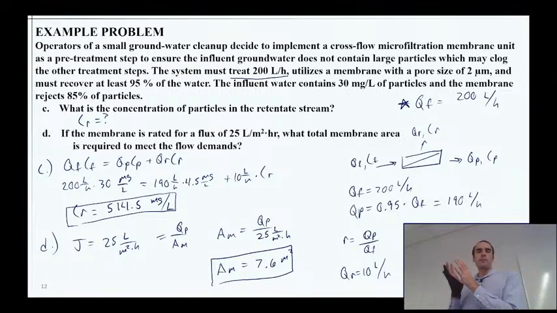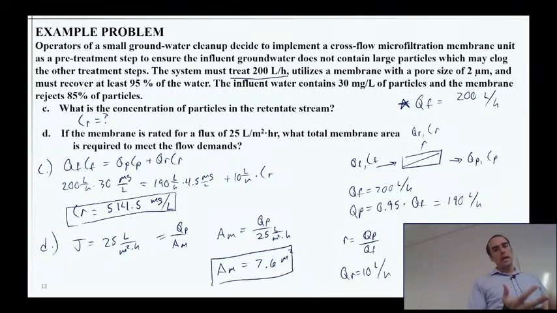Okay, so then at that point, we can make that mass balance: what's going in is equal to what's going out. QF times CF, ultimately a concentration per time unit, is equal to the two terms going out, QP times CP and QR times CR.